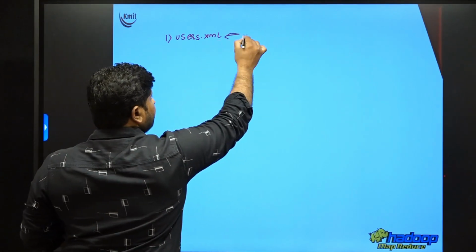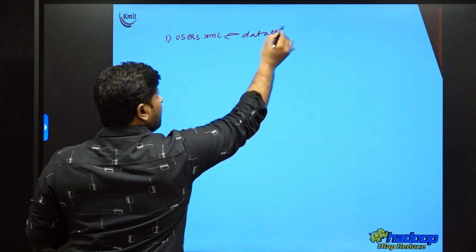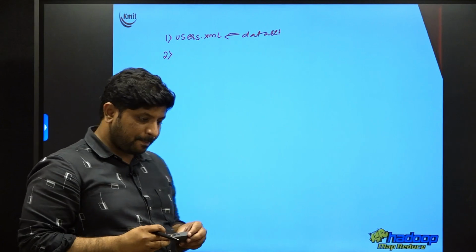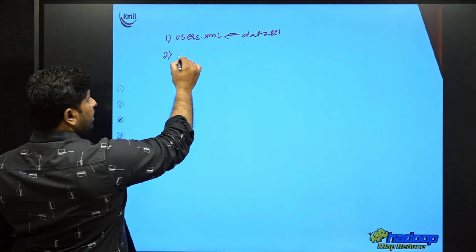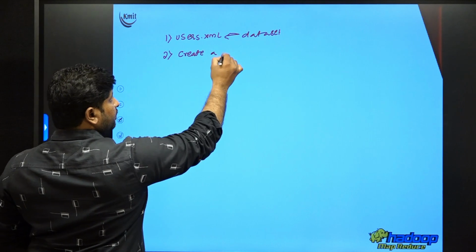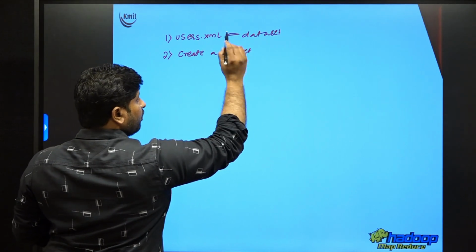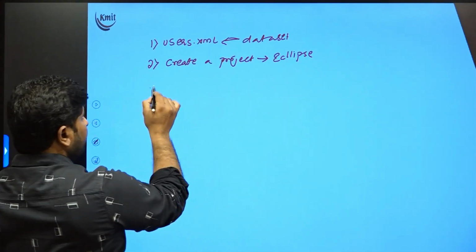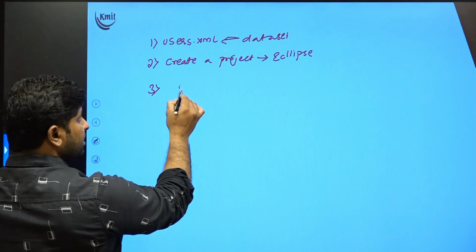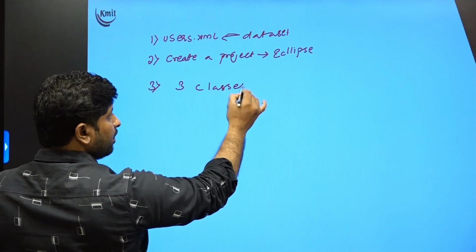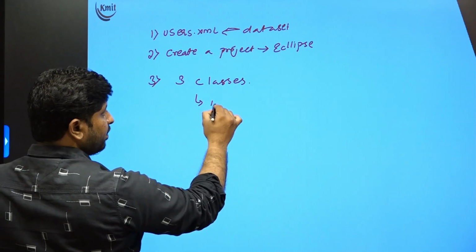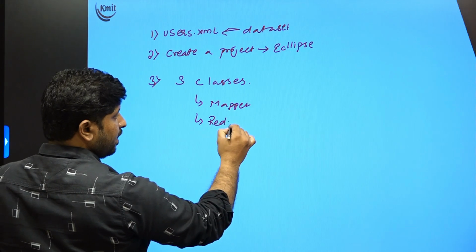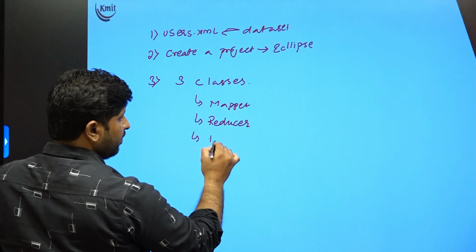It is a data set, and secondly, what we are going to do is we will be creating a project in Eclipse, and thirdly, we will be creating 3 classes in Java. One is for mapper, second reducer, and thirdly for driver.